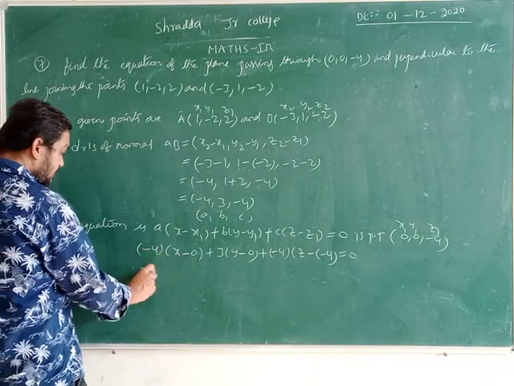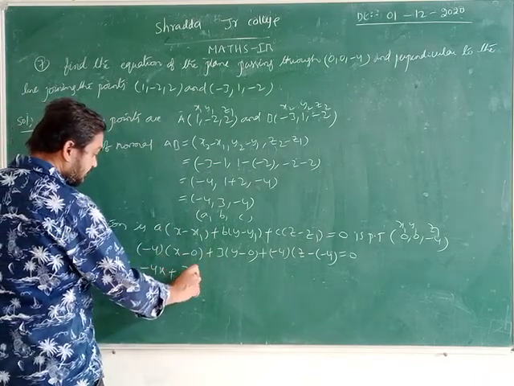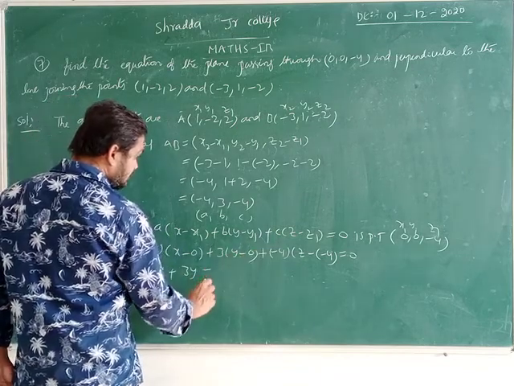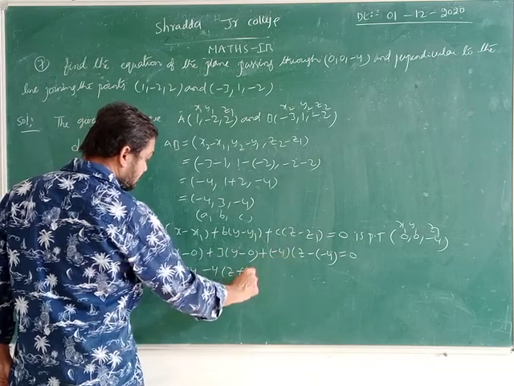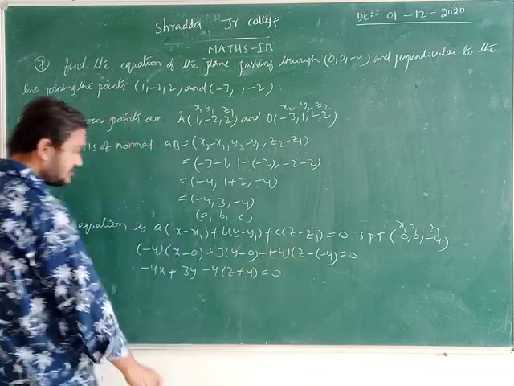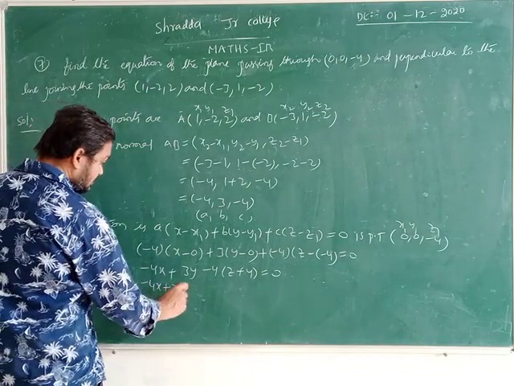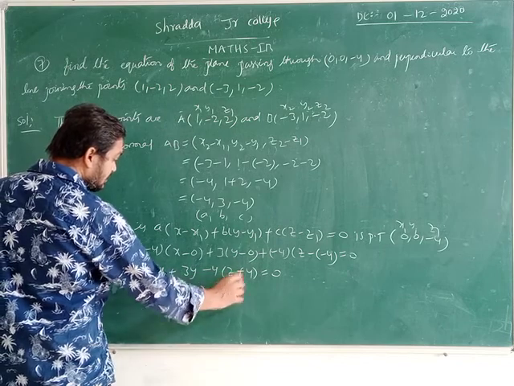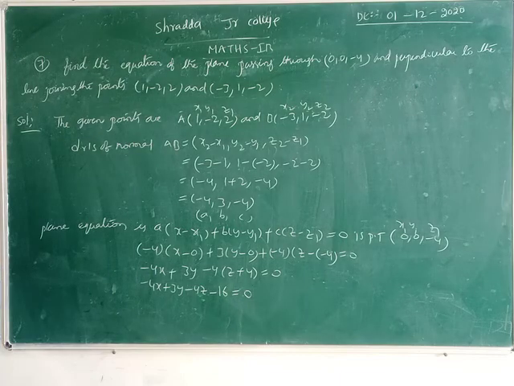Now see here, minus 4 into x, that is minus 4x, plus 3 into y, 3y. Now we have plus into minus, minus 4 into z, minus into minus plus 4 equals 0. Now see here, minus 4x plus 3y minus 4z, minus into plus minus 4 times 4, 16, equals 0.